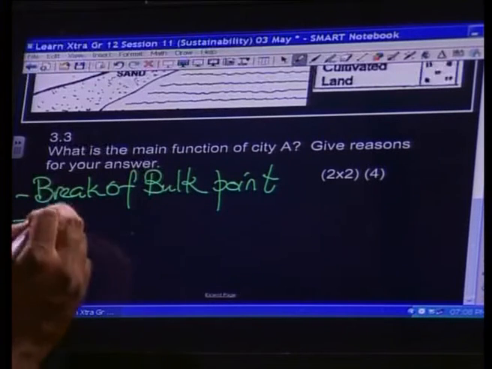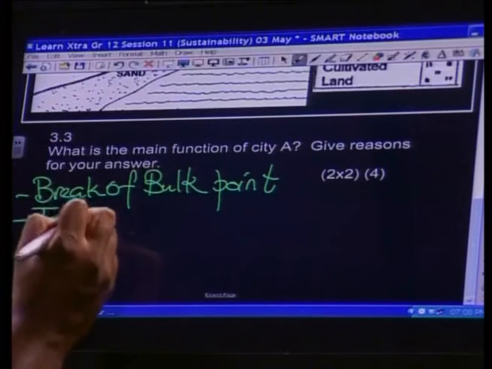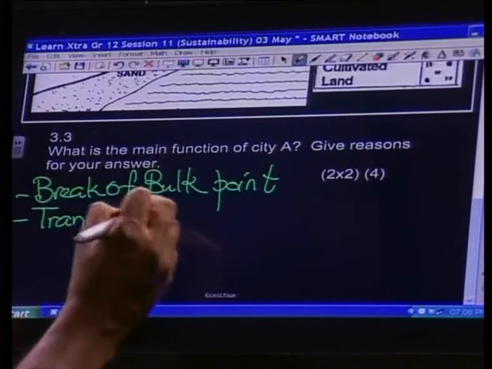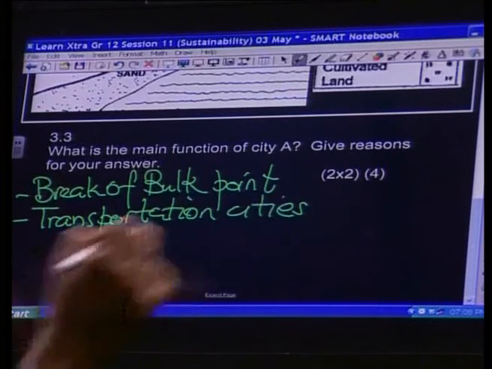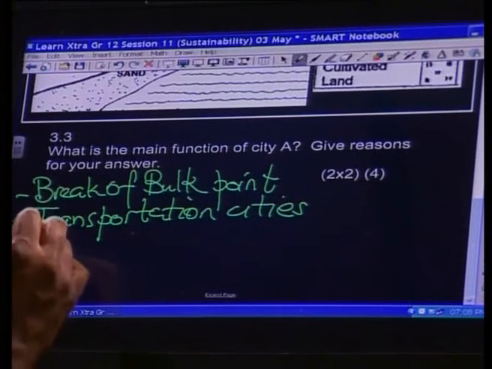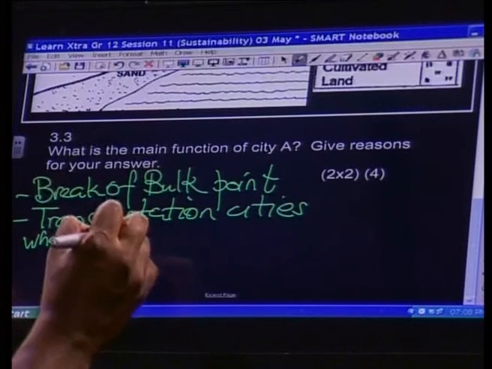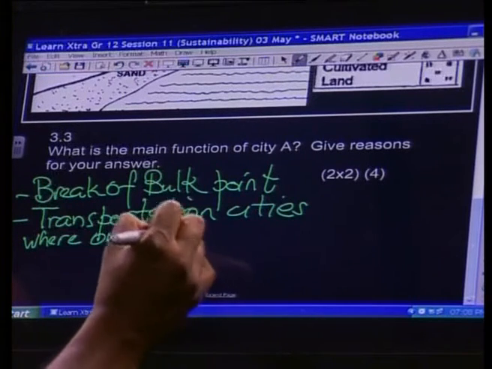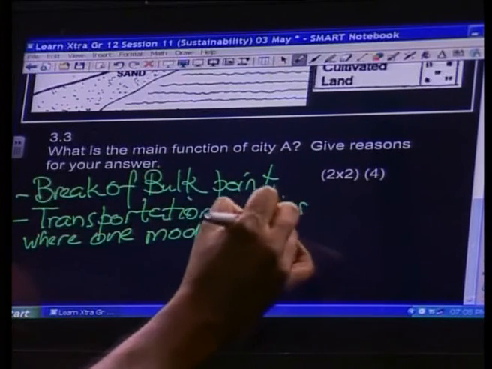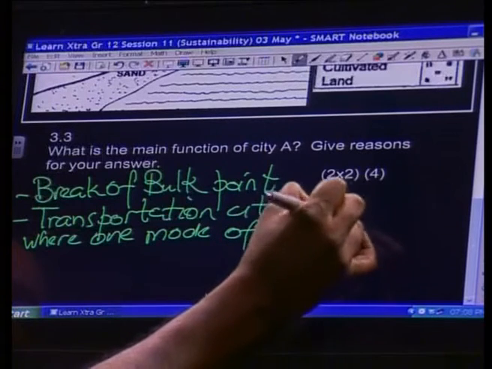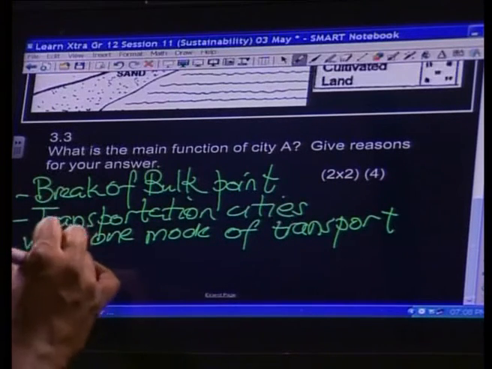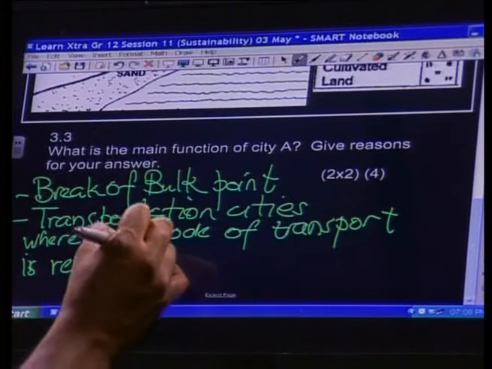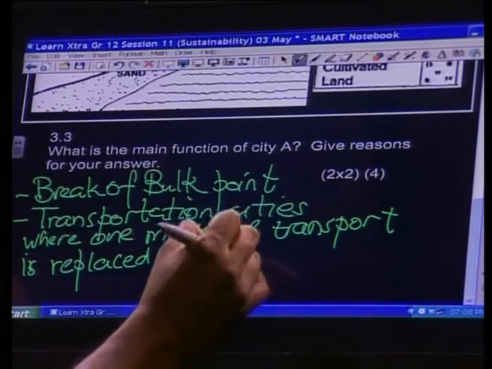Break of bulk points are generally transportation cities, where one mode of transport is replaced by another.